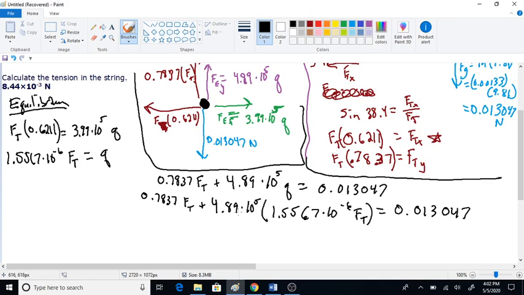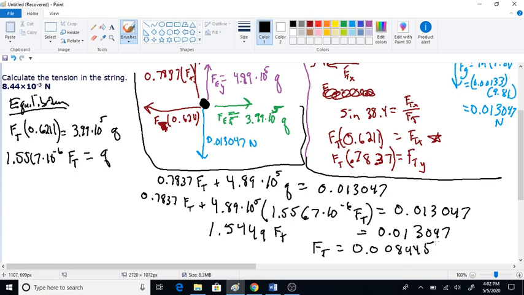And when I do that, I get 1.5449 Ft equals 0.013047. So now we divide these two and we get the tension force of 0.8445 newtons.